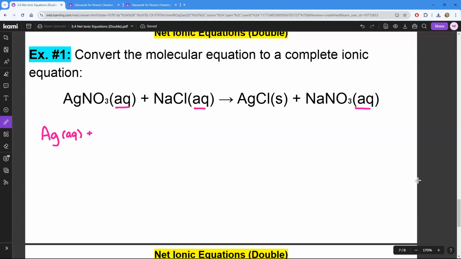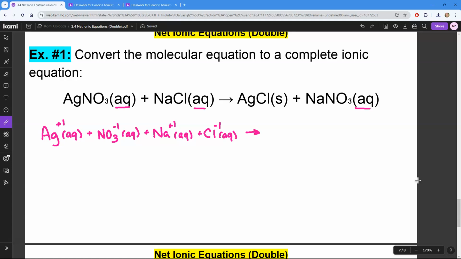We have nitrate. I also want to include charges on everything. We have sodium. And again, we're carrying down all of our charges and our states of matter. We have chlorine.